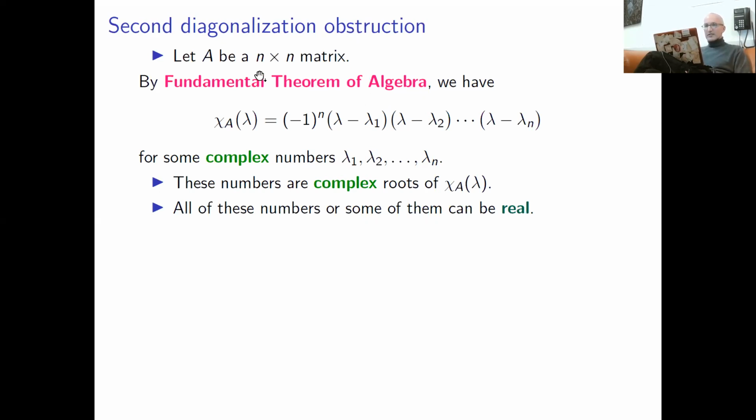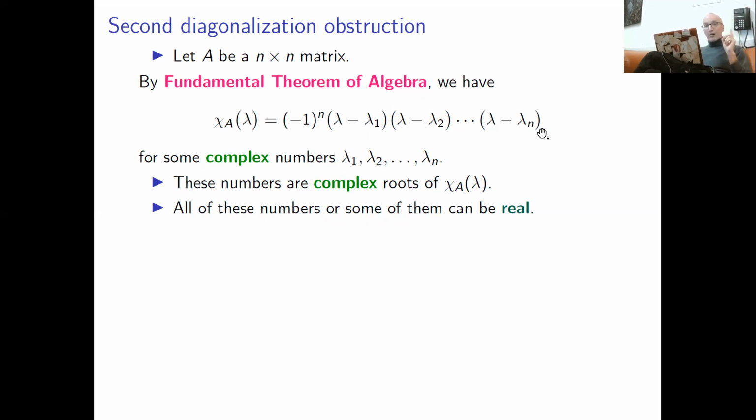But let me say it slowly, because it's important. Fix an n by n matrix, take its characteristic polynomial. By the fundamental theorem of algebra, we know that this polynomial has n complex roots. So it can be decomposed like this: minus 1 to the power of n times (lambda minus lambda 1) times ... times (lambda minus lambda n).